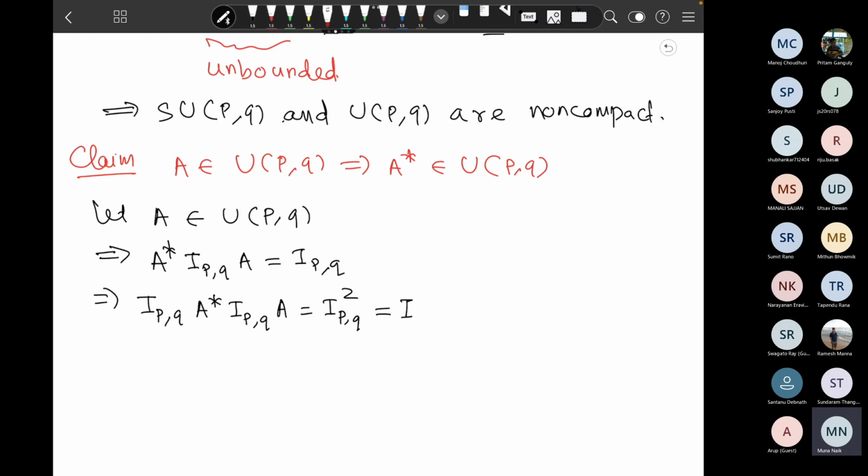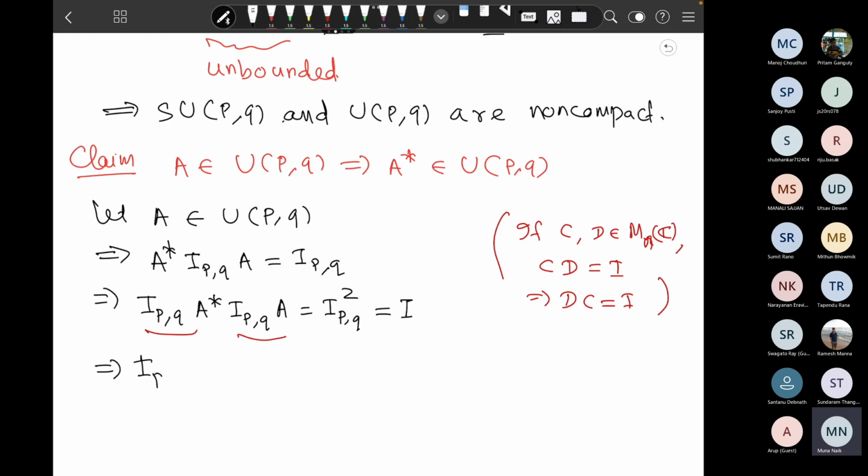Now we have also seen that if C, D belong to M_n(C) and CD is equal to identity, this implies DC is equal to identity. So for me this is C and this will be D. Then that will give you I_{P,Q} A and I_{P,Q} A star is equal to identity.